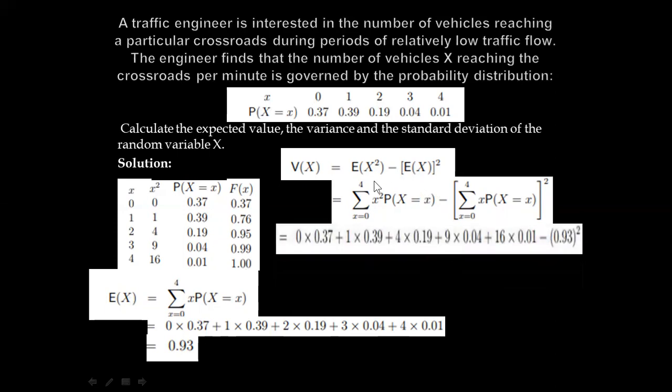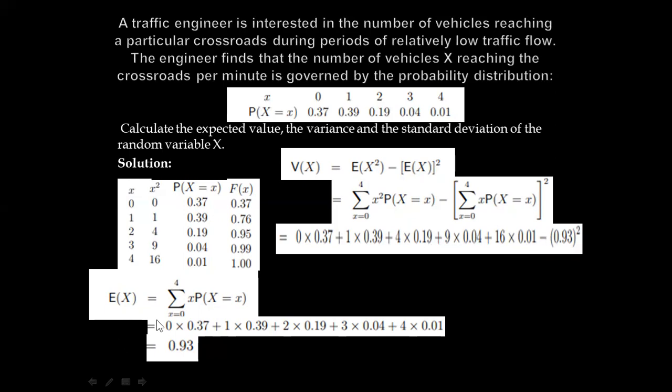Solving for E of x squared: 0 times 0.37 plus 1 squared times 0.39 plus 2 squared, which is 4, multiplied by 0.19 plus 3 squared, which is 9, times 0.04, and then plus 4 squared times 0.01.